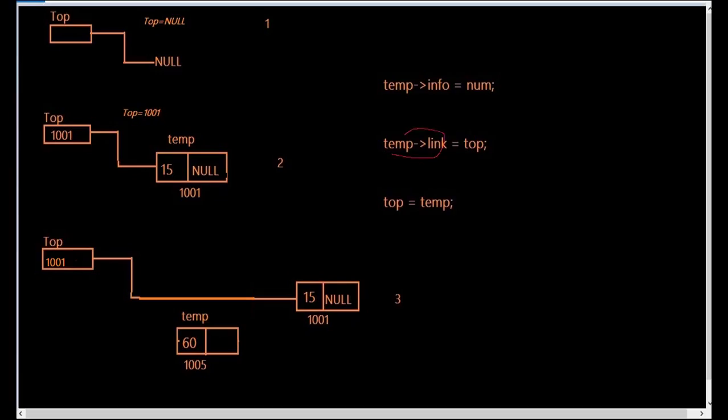Now temp arrow operator link means link part of this node, which is assigned the value of top, and the value of top is the address of this node. So the address of this node, which is 1001, will be assigned to the link part of this node.